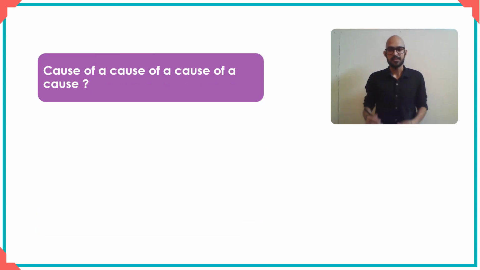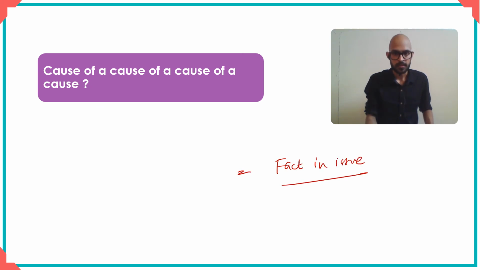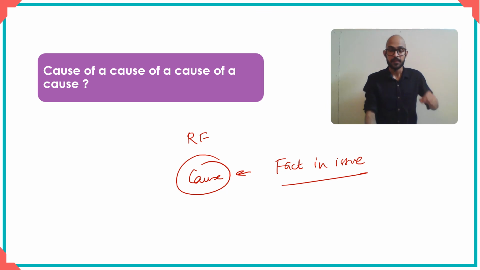I'd like to ask you a question as I leave. Let us say there's a certain fact, and the fact is a fact in issue. So we know that the cause of this fact becomes relevant, by section 7.